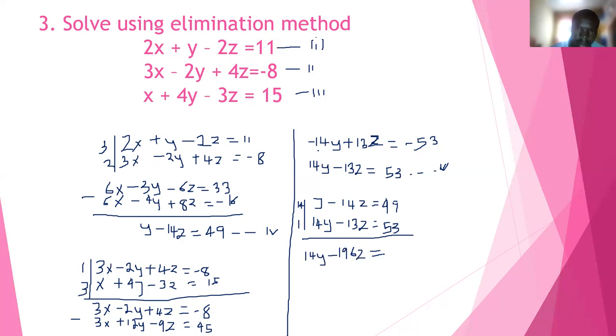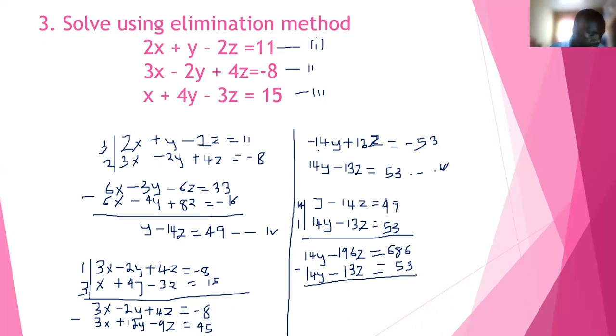49 times 14, which is 686. Then here also we have 14y minus 13z is equal to 53. So therefore we subtract.